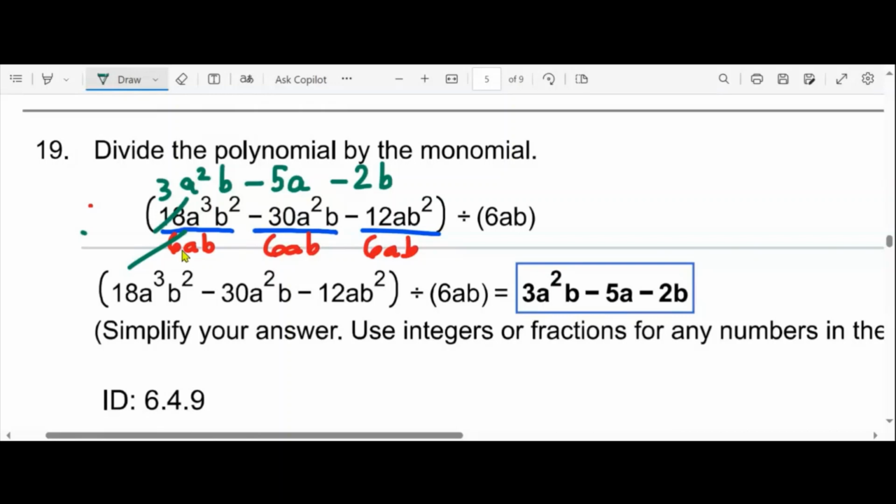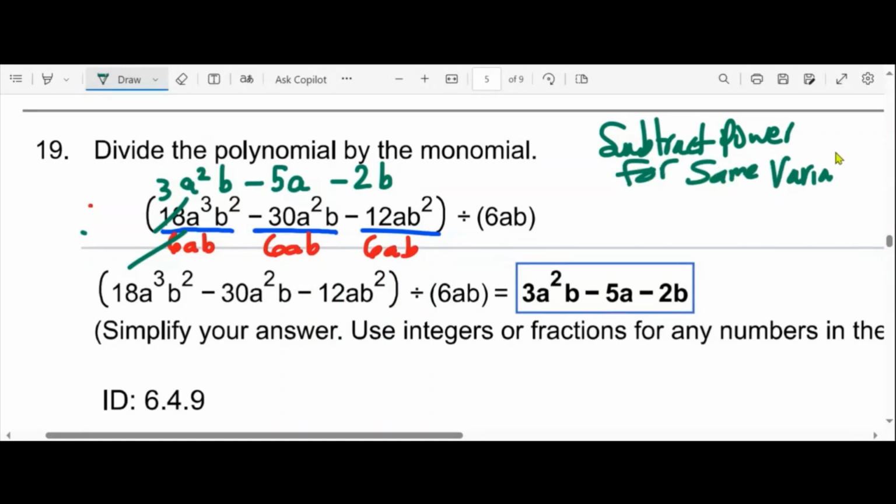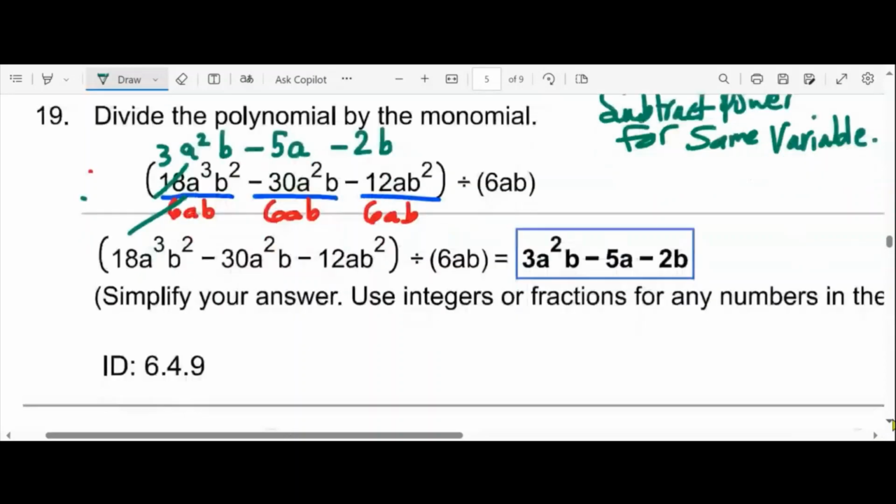And negative 12 divided by 6 will give us negative 2b. Yes, correct. Is this clear? Yes. Because you're subtracting what? Subtracting the powers. Because it's divided, for the same variable. Clear? Yes. Clear.